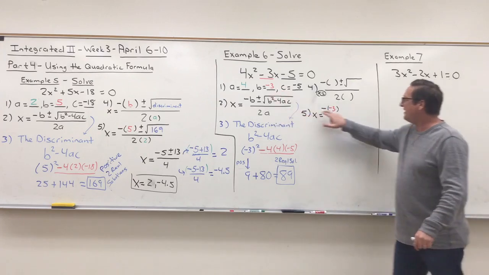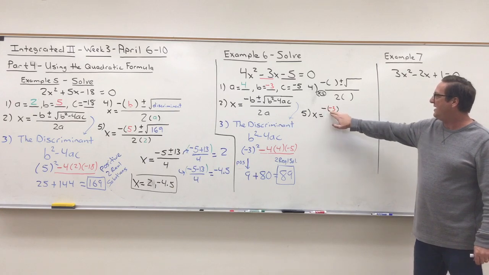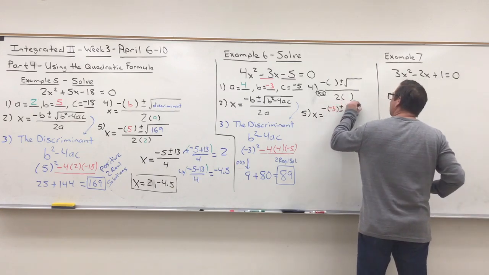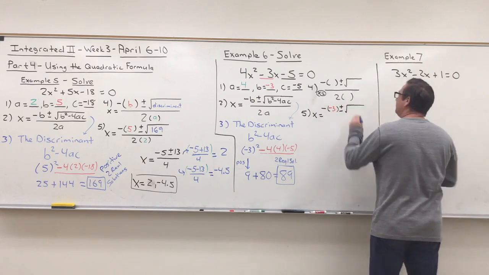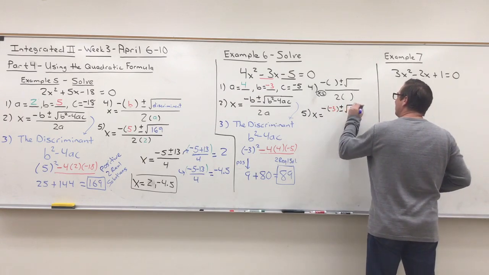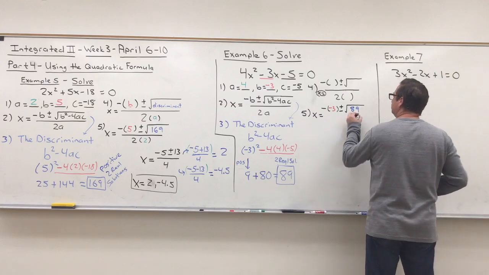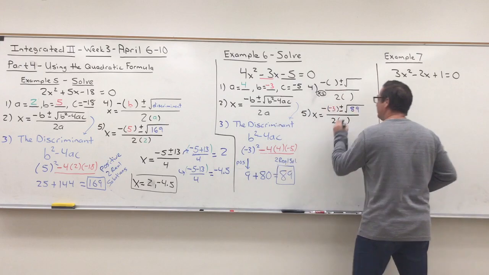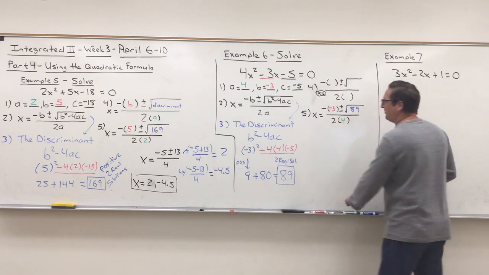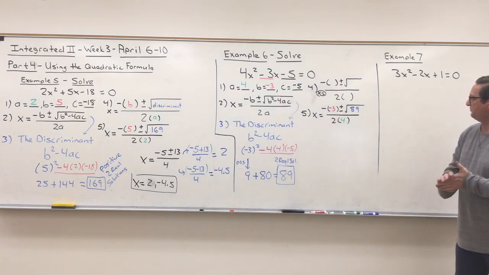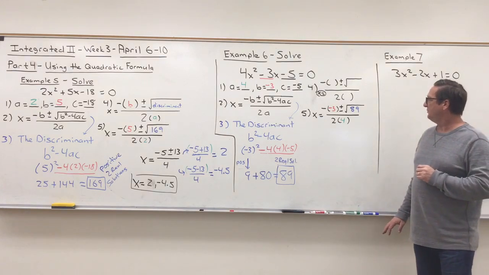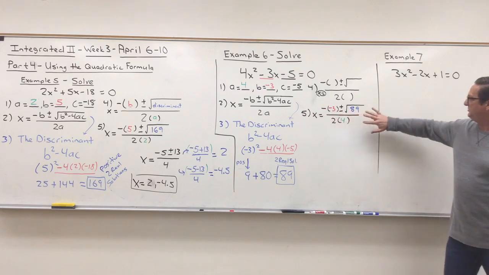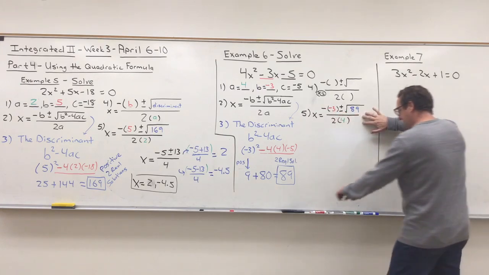People see negative 3 and they just write negative 3, but it's a negative 3 plus or minus the square root of 89 all over 2 times, ooh, we got 4 this time. So put in your templates, keep your sign available, and we got 3 cleanup parts.